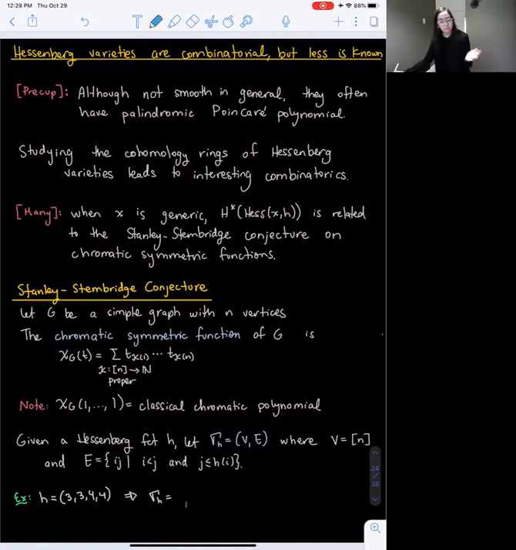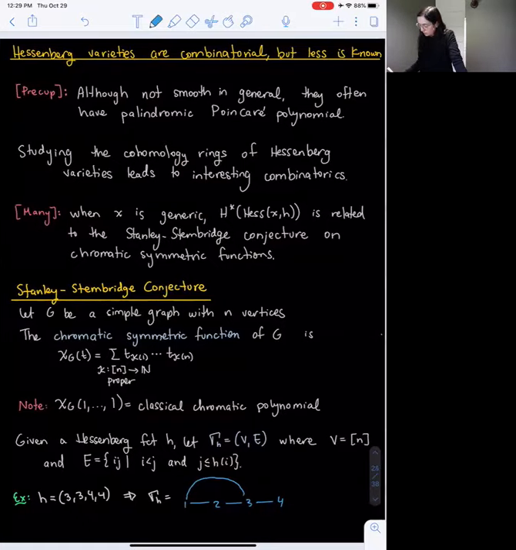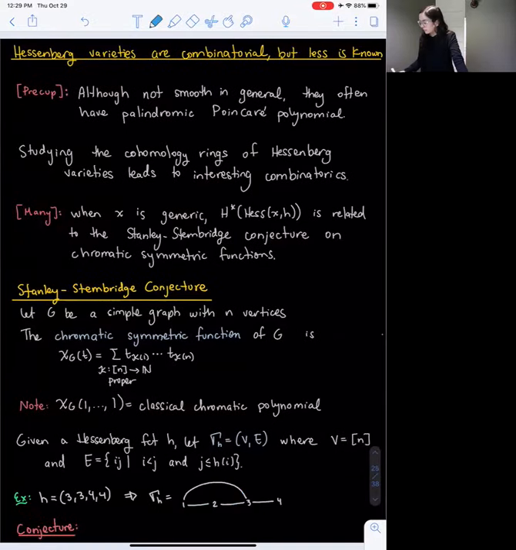For this particular Hessenberg function, 3, 3, 4, 4, you can construct your graph. It has 4 vertices, and you always have that i is connected with i plus 1. And then in this case, you also add this extra edge. So this is going to be the graph associated. And so the conjecture is that the chromatic symmetric function associated to this graph, which is associated to a Hessenberg function, is e-positive.